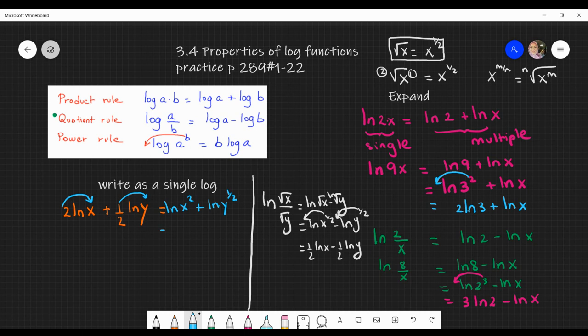We just said up there that power of half means the square root. I have addition, so I look at the set of the rules and it looks like we're using the product rule. So it will be x squared multiplied by square root of y. We went from multiple logs to a single log expression.